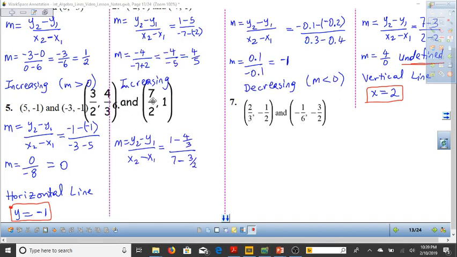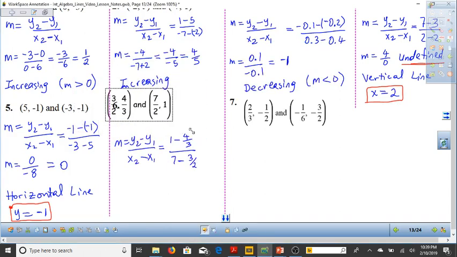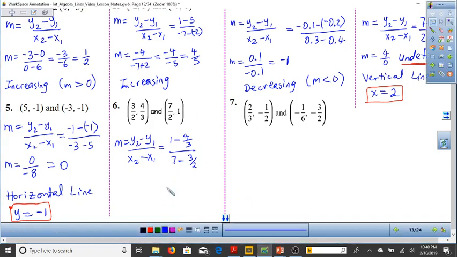All right, so we're back to the example here. And there we have it. So we have 7 over 2 minus 3 over 2.